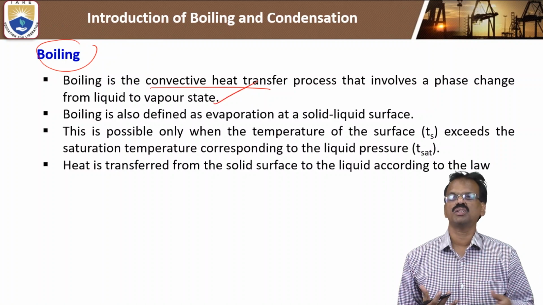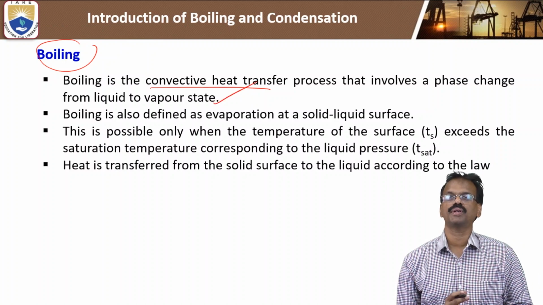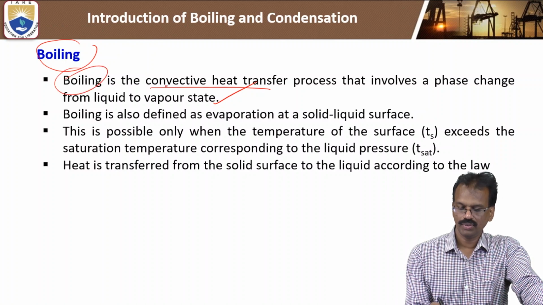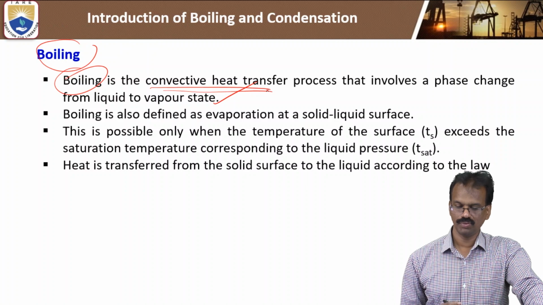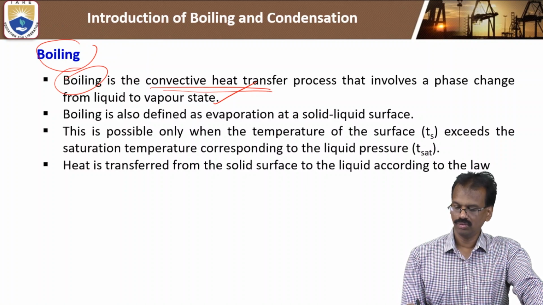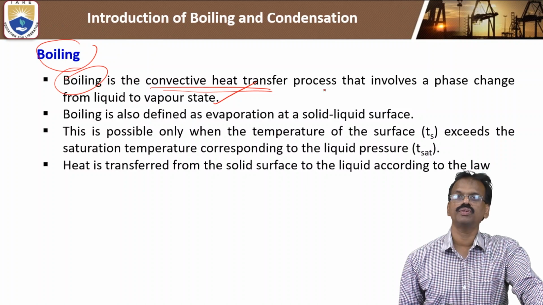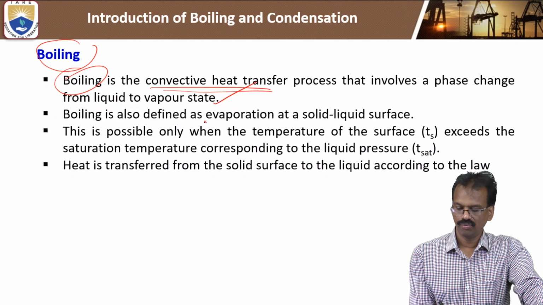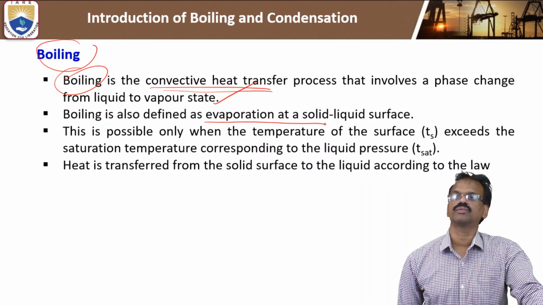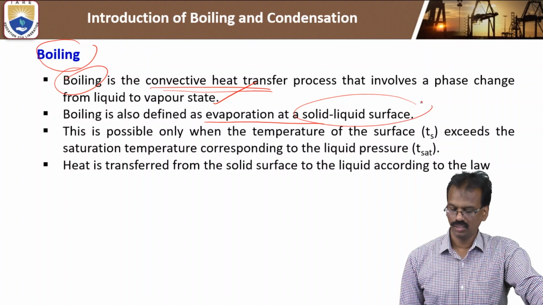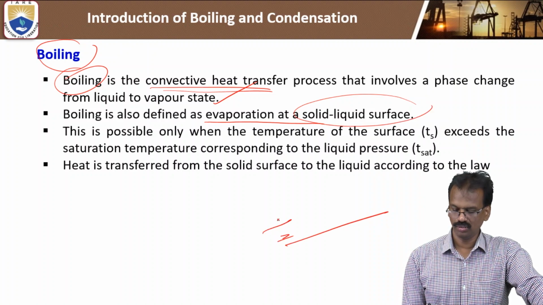So a convection process with vaporization, that is called boiling. Heat transfer takes place from the solid surface to the fluid, associated with the phase change. So that is called boiling. Boiling is also defined as evaporation at solid-liquid surfaces, or if you consider water here.